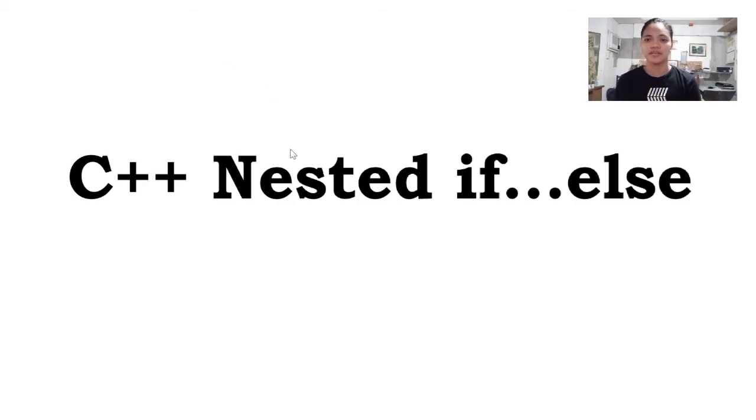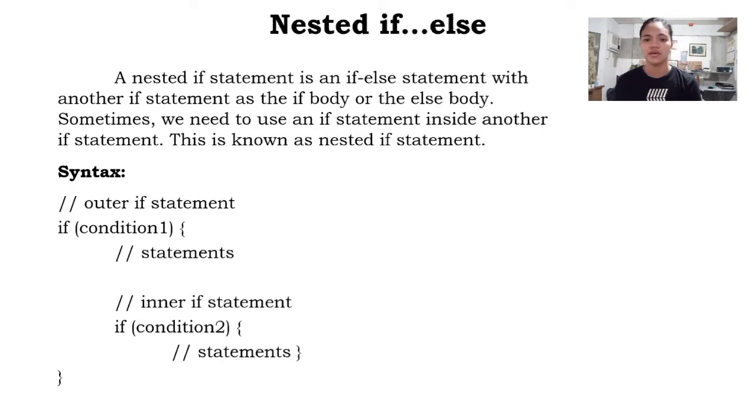C++ nested if-else. A nested if statement is an if-else statement with another if statement as the if body or the else body. Sometimes we need to use an if statement inside another if statement. This is known as a nested if statement.